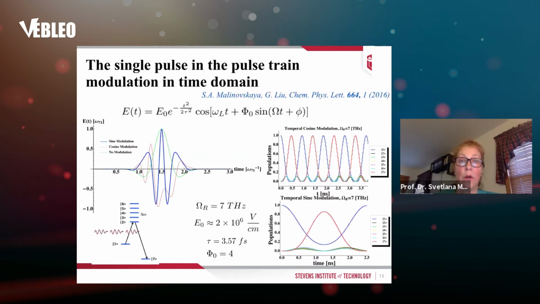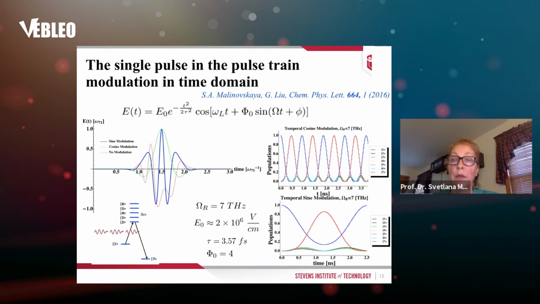Here is an example of sinusoidal modulation starting from the time domain. The left figure shows a single pulse electric field, which is sine modulated, cosine modulated, and without modulation. We see a significant difference in the phases, which results in a dramatically different response of the molecular system subject to interaction with such a phase-locked pulse train.